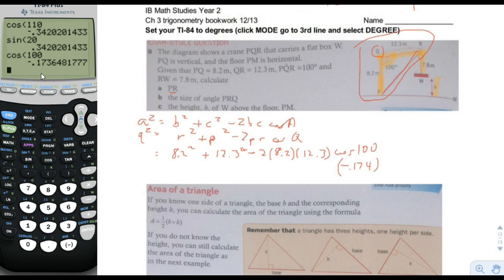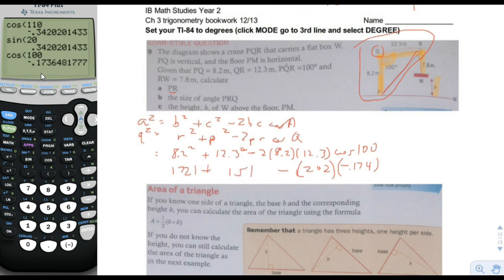2 times 8.2 times 12.3 is 202. Okay, and 8.2 squared is equal to 67.24, and 12.3 squared is 151.